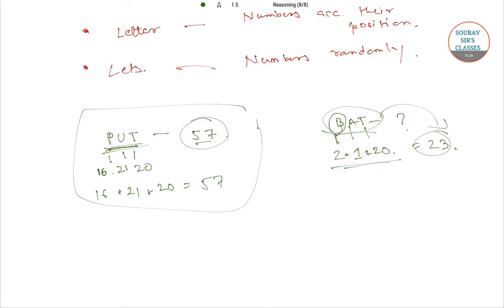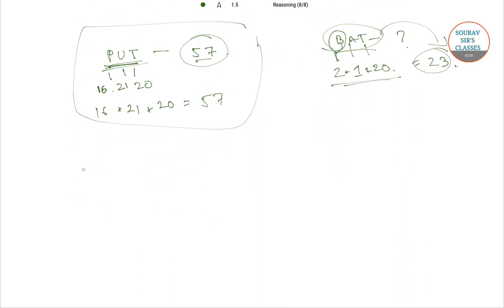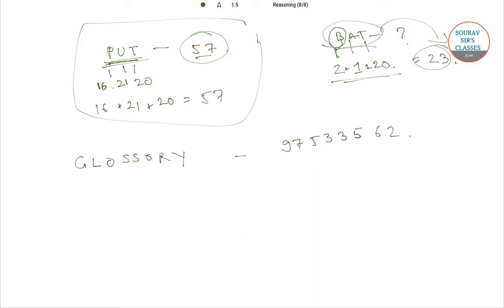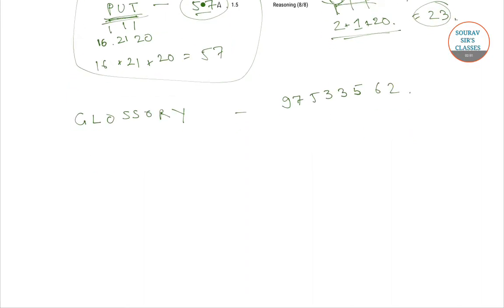Now suppose we have a question where it is given that glossary is coded as 97533, and geography is coded as 915968402.